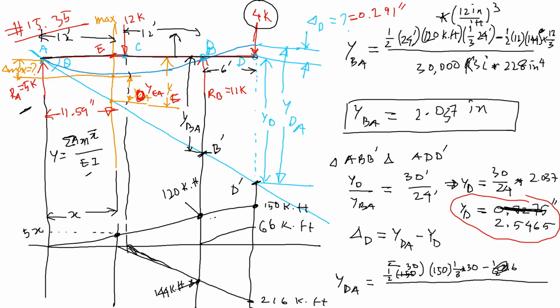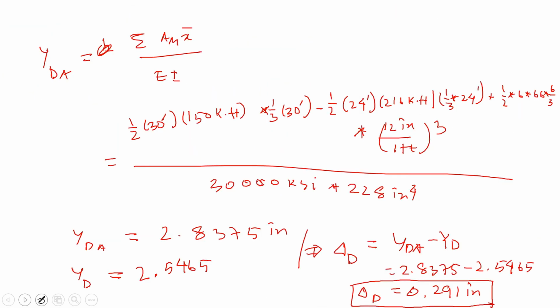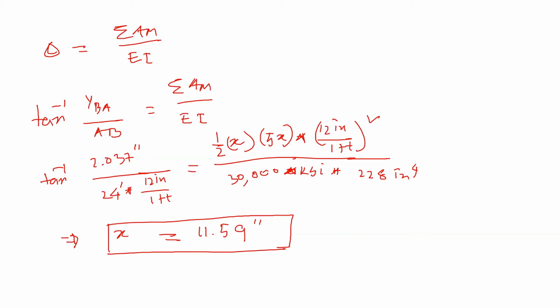So we can calculate YEA, so let's do that. Let me have another page. So YEA, we can calculate half times base, which is 11.59 inches, times the height, 57.96.